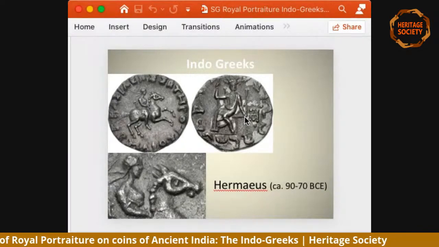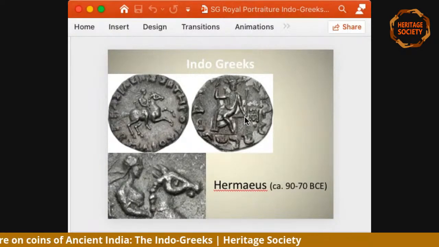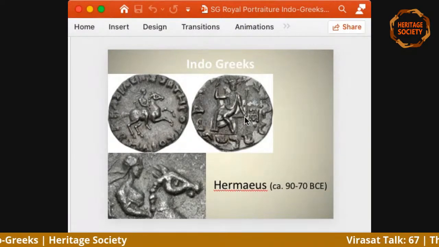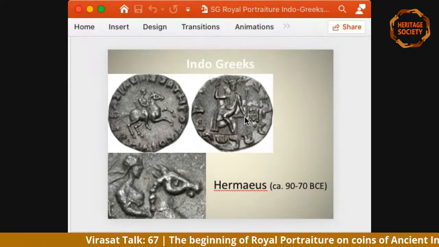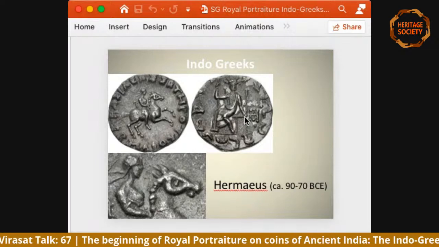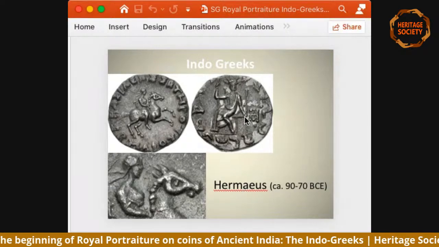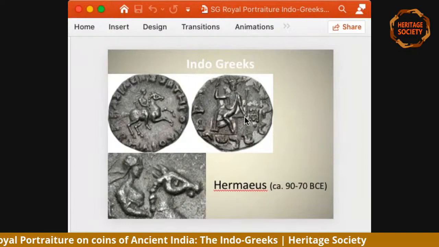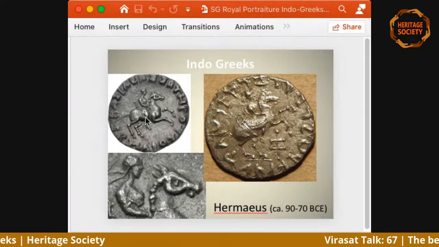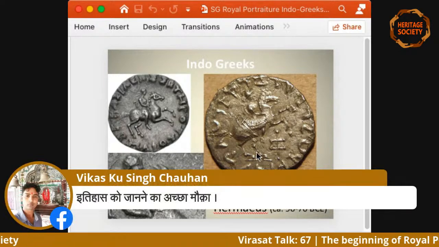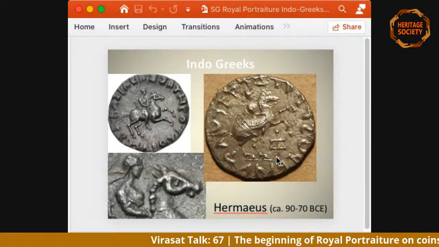So we have coins issued solely by the king, jointly with a queen, and the third type with the queen alone, riding a horse in a very gallant way. So here, this is the male figure, and this is the female figure. You can compare the two.